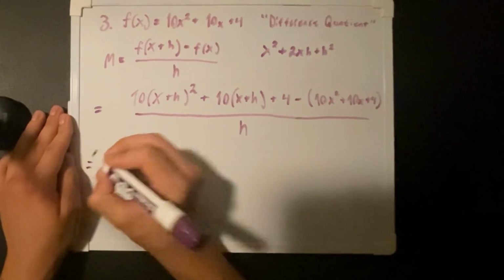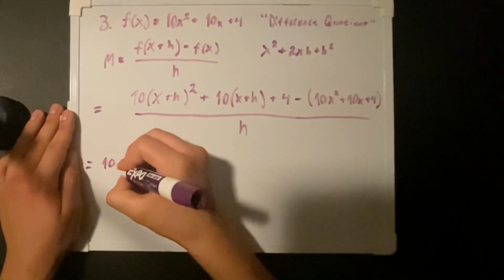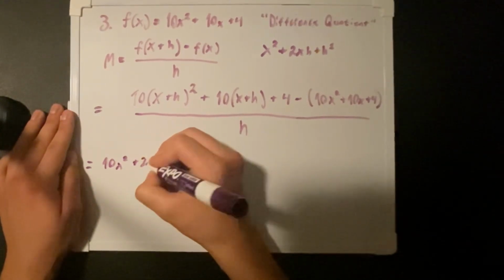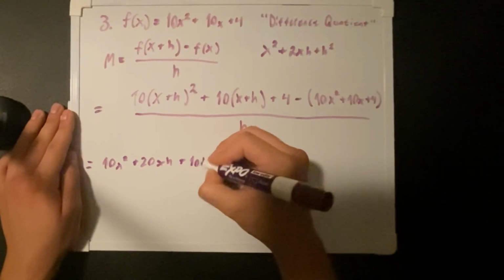So we just multiply this by 10, which gives us 10x squared plus 20xh plus 10h squared.